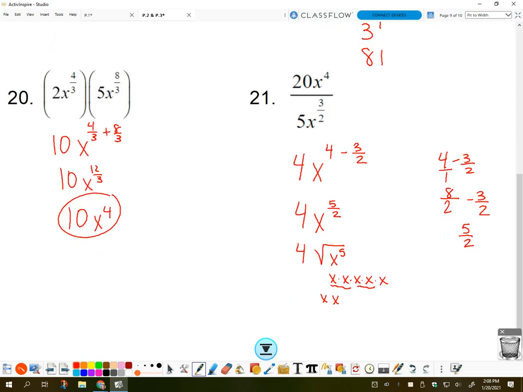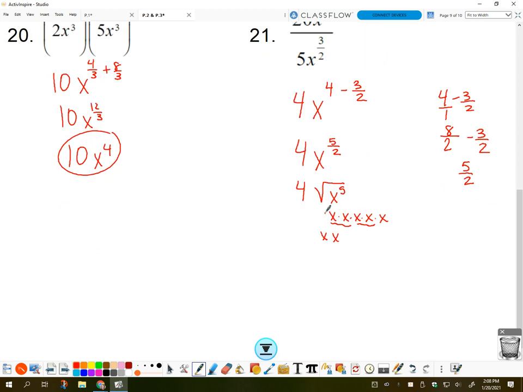Alright, so this was under the square root and the 4. Under the square root, you still have this one guy. So we have 4x squared square root x. I'm really okay with you leaving it like this. I'm betting that answers in the back of the book would look like that. If you're looking at a multiple choice option, like on the ACT, it's more than likely going to have this guy. Okay? All right, I believe that is all.